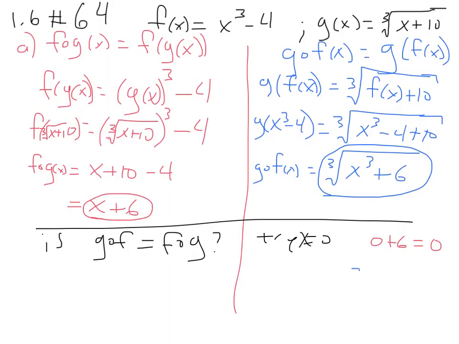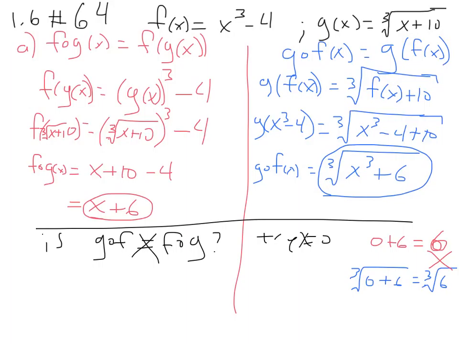The other one is the cubed root of 0 cubed plus 6, which is the cubed root of 6. Is 6 equal to the cubed root of 6? Since the cubed root of 8 is 2, the cubed root of 6 is going to be something less than 2, so it's certainly not equal to 6. Therefore, these things are not equal.